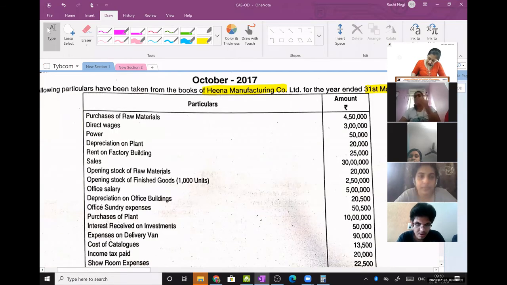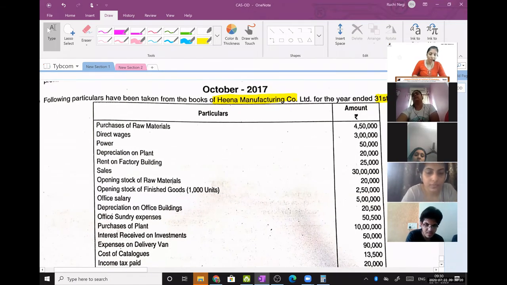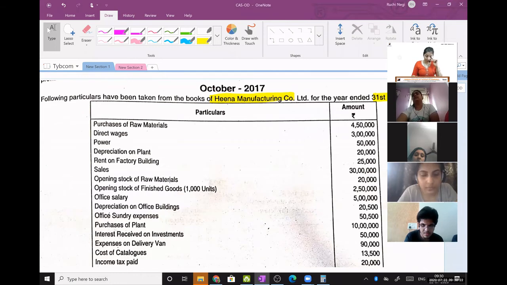Purchase of raw material. When we ask, students, start giving your attendance in the chat box. Simultaneously, put your attendance in the chat box. And do pay attention to the sum that I'm discussing.